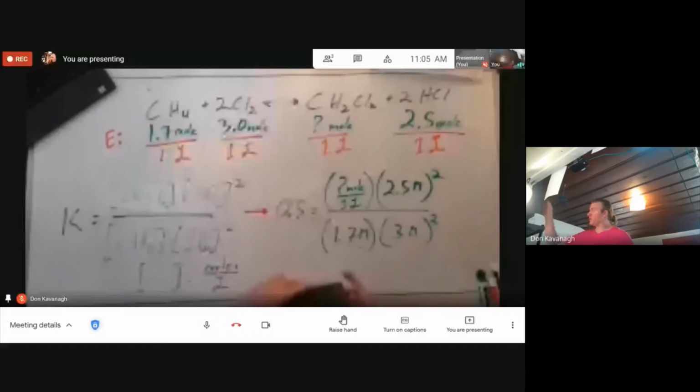I'm going to do my squares first, get rid of those. So 3 molarity squared is going to be 9.